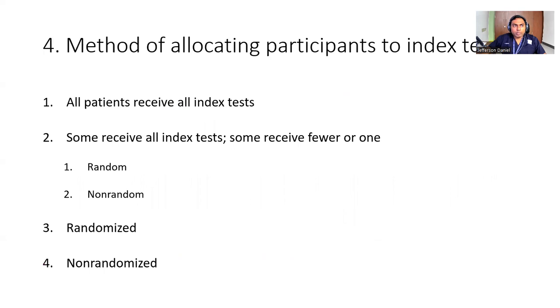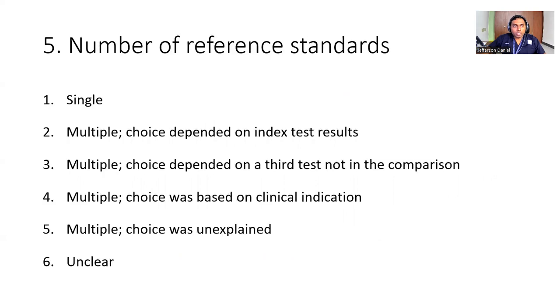And the method of allocating participants to index test, okay, which method, randomized or non-randomized, and whether all of them went through both the tests or some of them went through one test and others did not, all those are important. And sometimes the reference standard may be single, it may be multiple. Sometimes they may say choice was based on clinical indication.